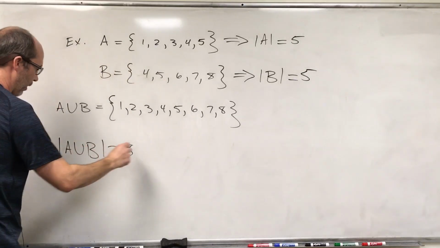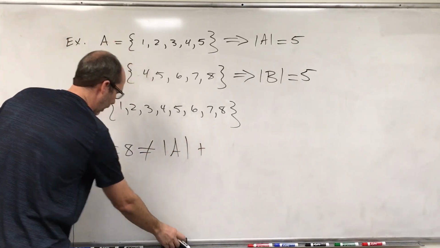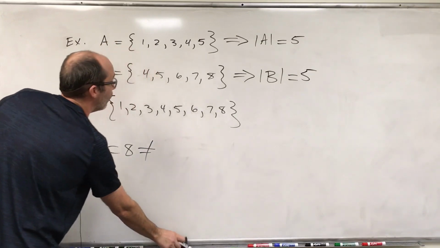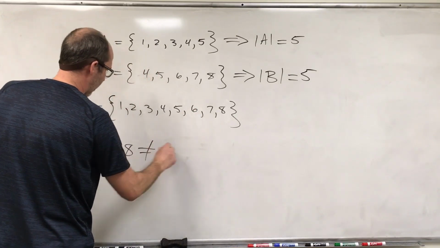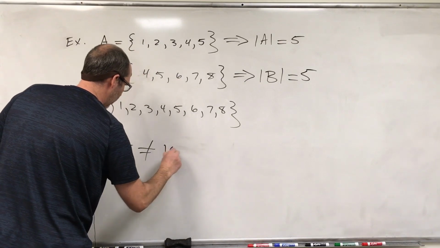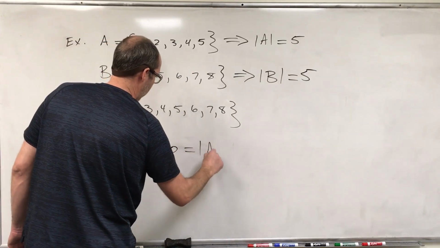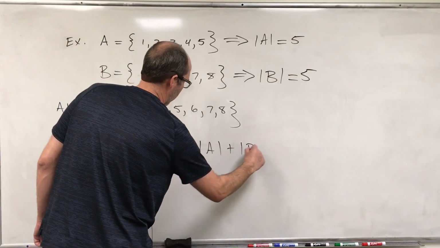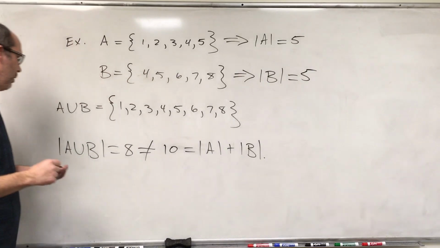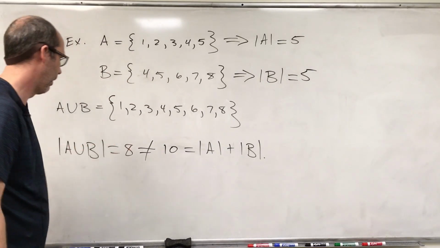But the cardinality of A union B is not equal to the cardinality of A plus the cardinality of B. So 5 plus 5 is 10, and 8 is not equal to 10. So you can see that they're not equal.